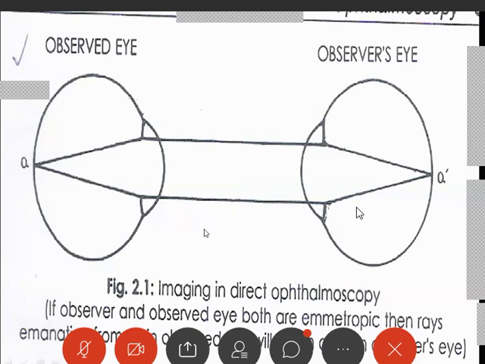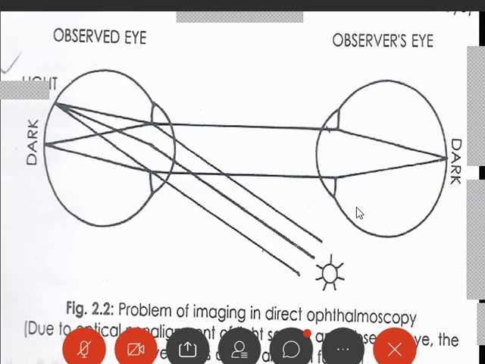If we try to illuminate an area of the fundus with a light source from here, it illuminates this area, but when it is projected outside, it will be projected to this area only, so it will not be projected into the observer side. So even by placing an illumination from the side, we cannot visualize the fundus.